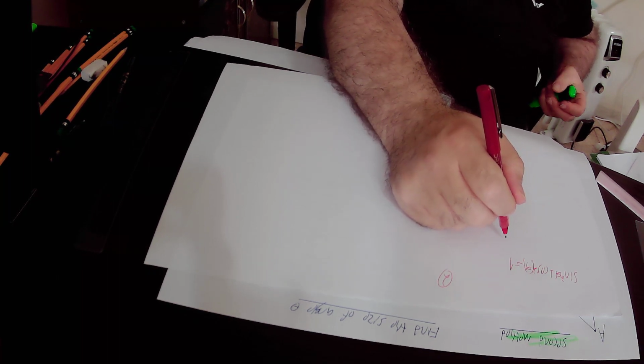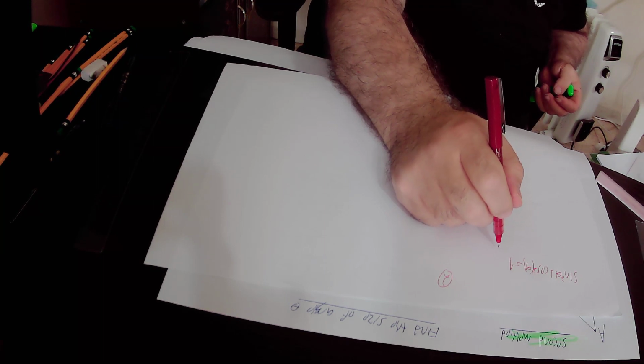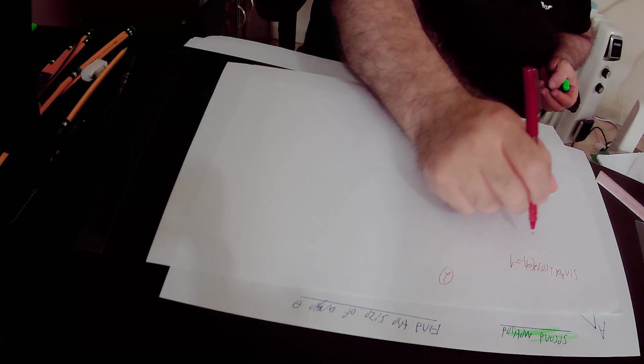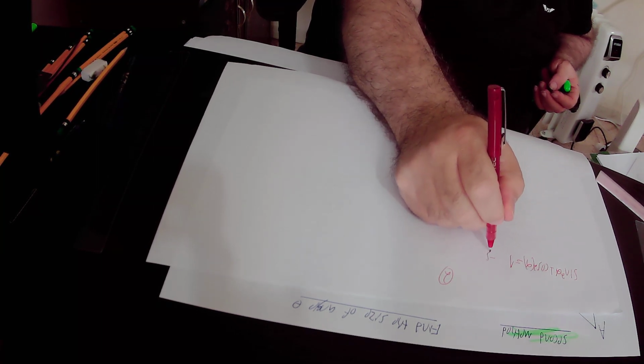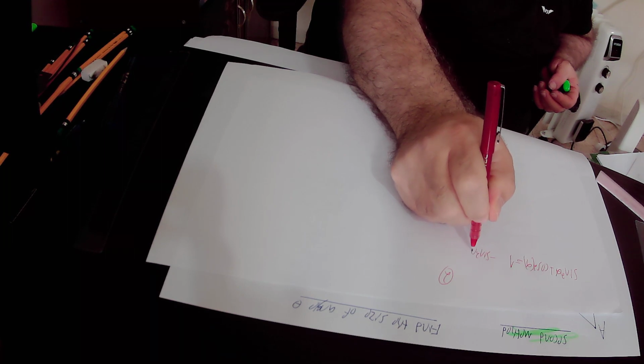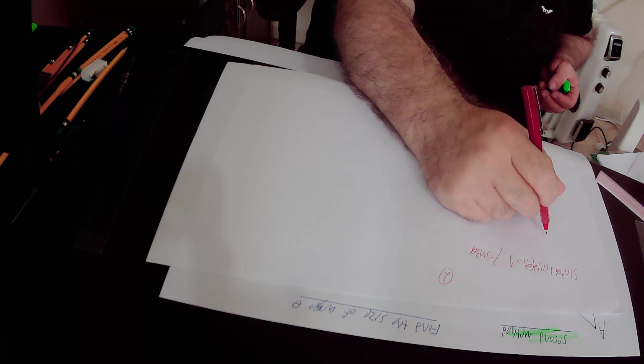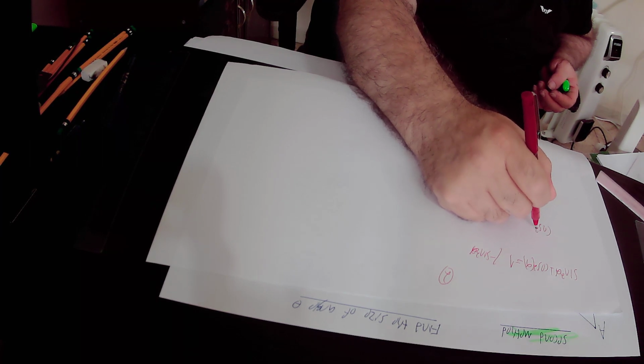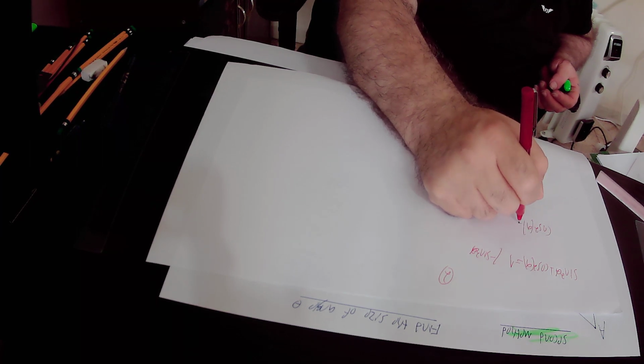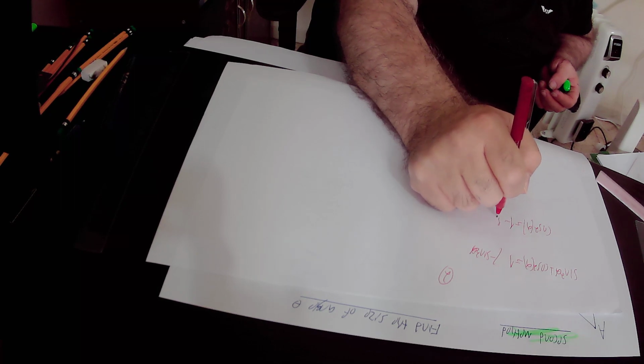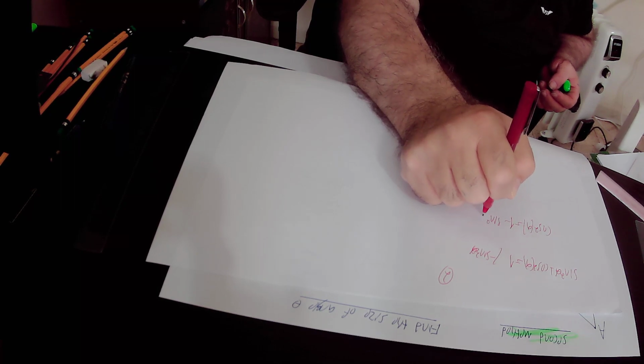Here we'll subtract sine square alpha from this trigonometric identity, and we get that cosine square alpha equals 1 minus sine square alpha.